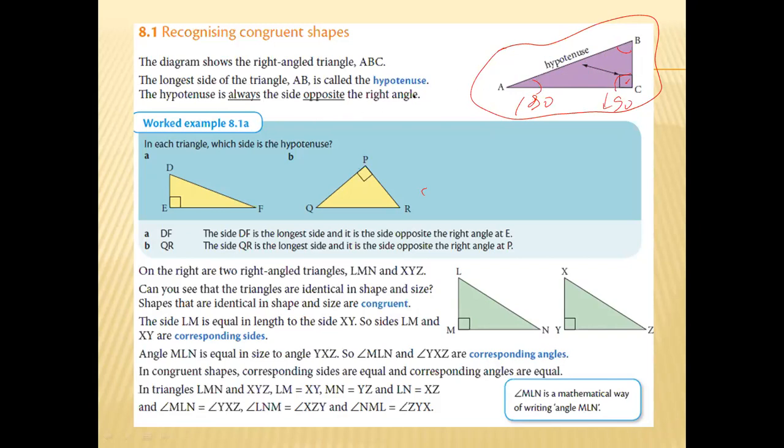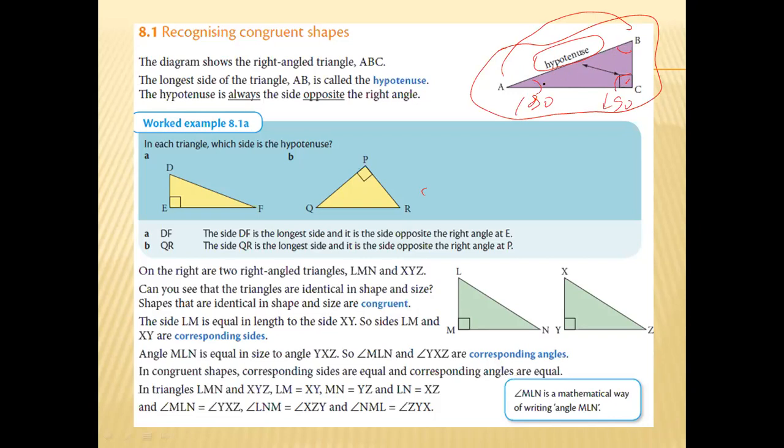And the longest side of this right triangle, AB, is called the hypotenuse. The longest side is the hypotenuse. If you look carefully, the longest side is also opposite the biggest angle, because we have 90 and the other angles must be smaller than 90, because the sum of the two angles must be equal to 90.